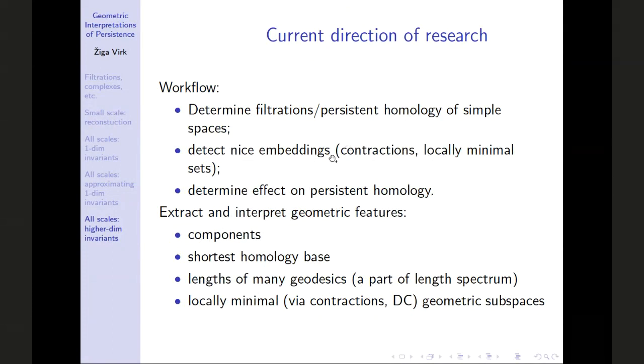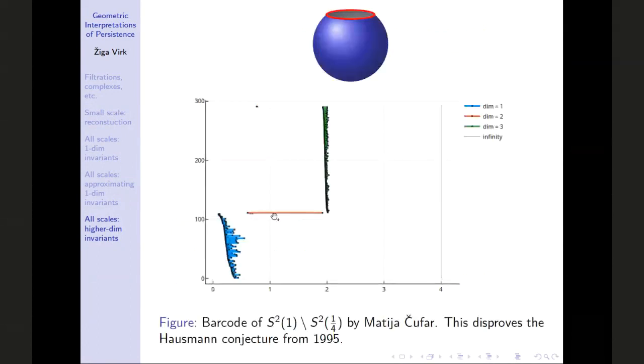So there is work being done on how large a hyperbolic neighborhood you can get and what kind of contraction you can get. And then the third part is to determine the effect on persistent homology. So far, at least in the case of circles, we saw how to prove the existence of those odd-dimensional spheres, but proving the existence of these two-dimensional bars is kind of more technical.